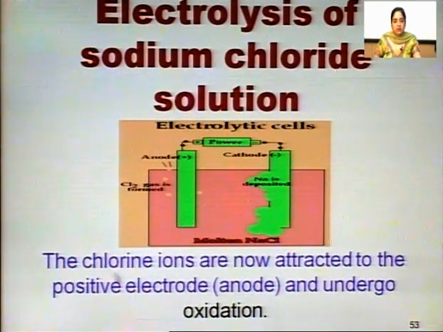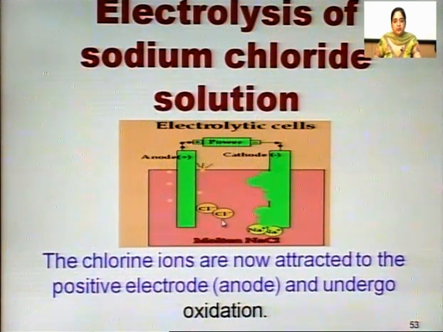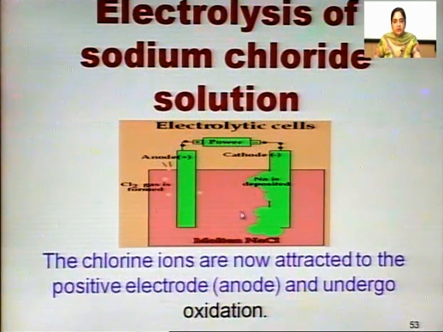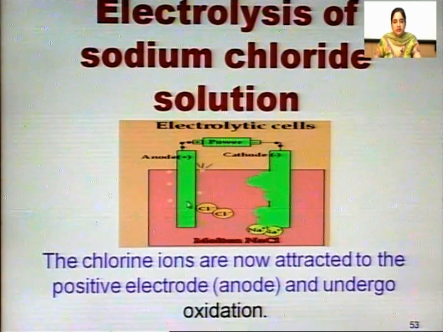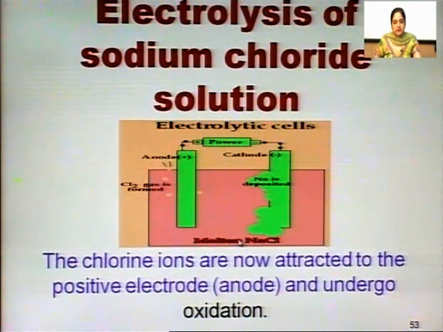The chloride ions are attracted to the positive electrode, that is the anode, and undergo oxidation.